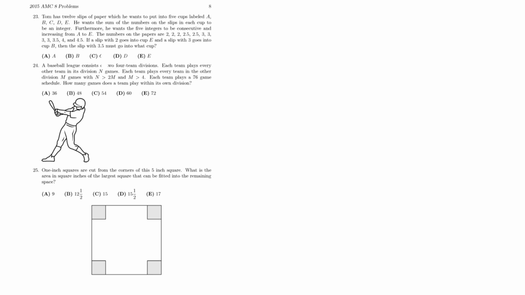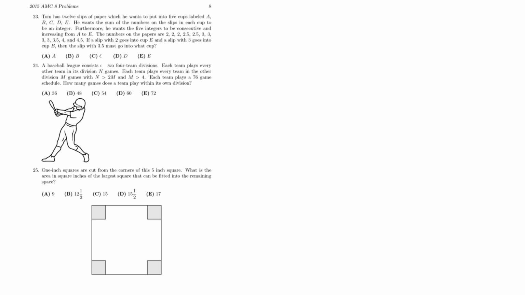If a slip with 2 goes into cup E and a slip with 3 goes into cup B, then the slip with 3.5 must go into what cup?